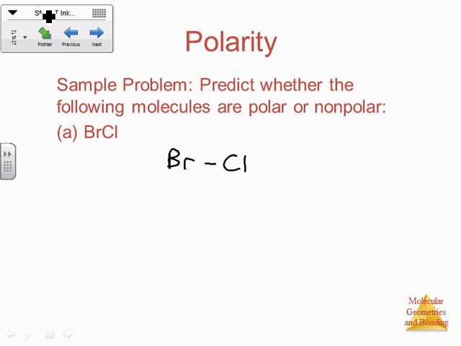So it's actually able to pull electrons towards itself a little bit more because there's less of a shielding effect going on there. And so the chlorine is going to be able to pull the electrons a little bit closer to itself. So overall, there's going to be a little bit of a partial negative here on this side of the molecule and a partial positive on that side, which makes it polar. It is not symmetrical because there's two different types of atoms there.